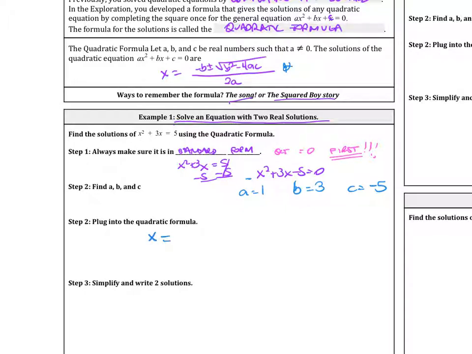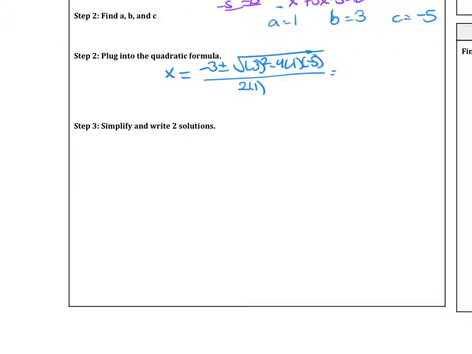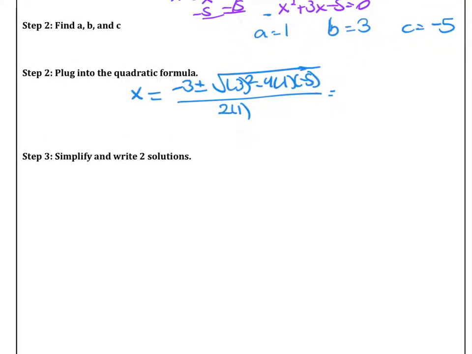So x equals negative 3 plus or minus the square root of 3 squared minus 4 times 1 times negative 5, all over 2 times our a value, which is 1. Then you simplify. So we always do what's inside the square root first. So x equals negative 3 plus or minus 3 squared is 9.